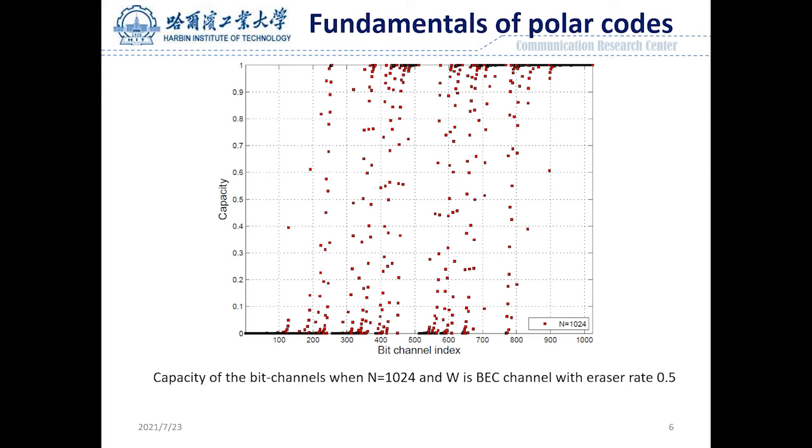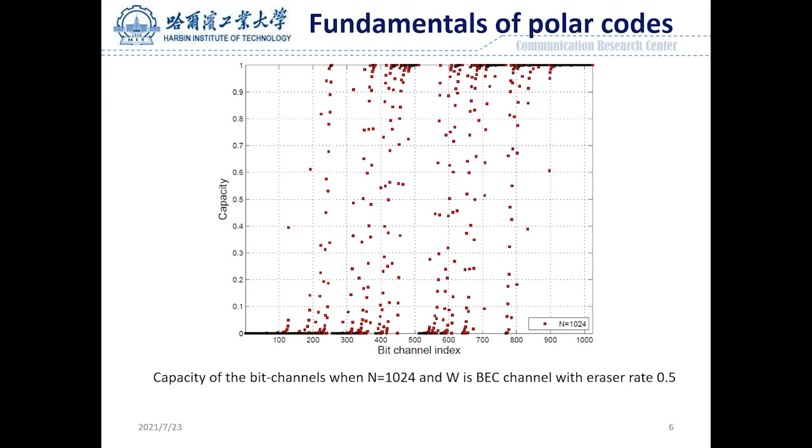The original channel is a binary erasure channel with an erasure rate of 0.5. We can see that the capacity of most bit channels is near 0 or 1. As n tends to infinity, the capacity of the bit channels tends to 0 or 1. In other words, this set of bit channels will be polarized into noiseless and noisy channels.